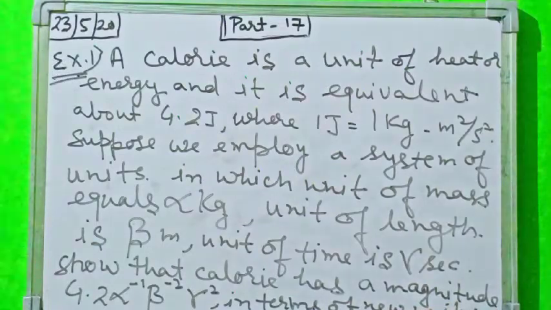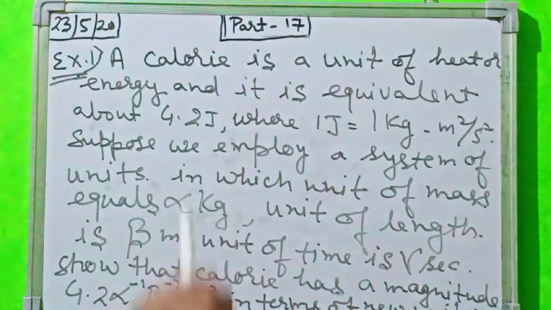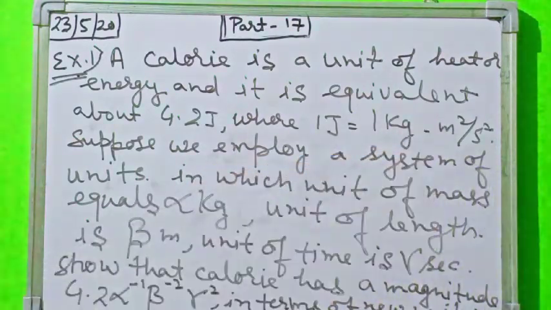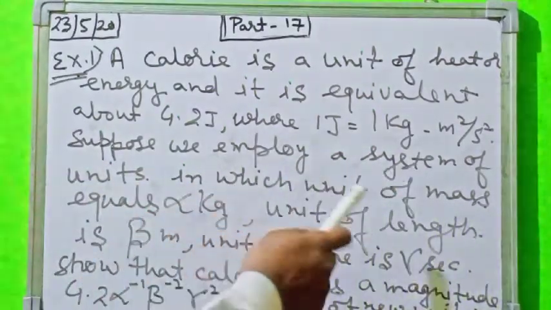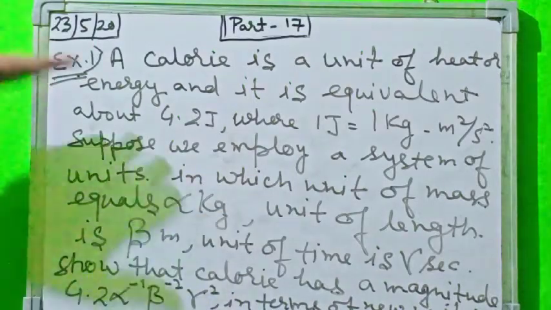Okay, this is the question, and we will solve it by the method we have just studied. Look at the question. First of all, try to understand it. A calorie is a unit of heat or energy, and it is equivalent to 4.2 joule. 1 calorie is equal to 4.2 joule, and 1 joule is equal to 1 kg meter square per second square. We have to employ a system of unit in which the unit of mass is alpha kg. This is the new system of unit, and the other is the given system of unit.